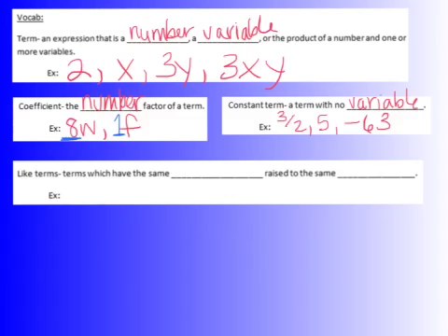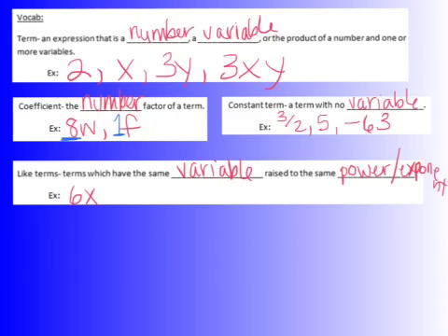Like terms. Like terms are terms which have the same variable and are raised to the same power. Power is another word for exponent. So if you want to remind yourself, a power is the same thing as an exponent. Okay. So an example of like terms.